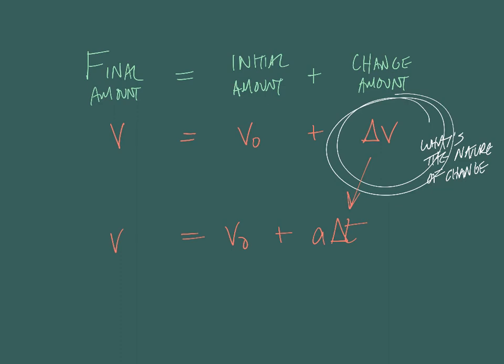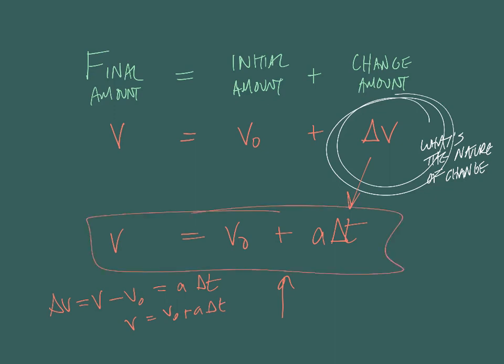So if we were to continue from the direction we started, we would be moving up. We would just expand delta V into V minus V naught equals A delta T, and that would just give me V equals V naught plus A delta T. I'd arrive at this the same way, or I'd get the same answer for a different reason.